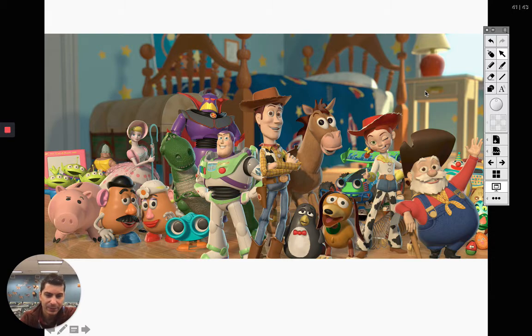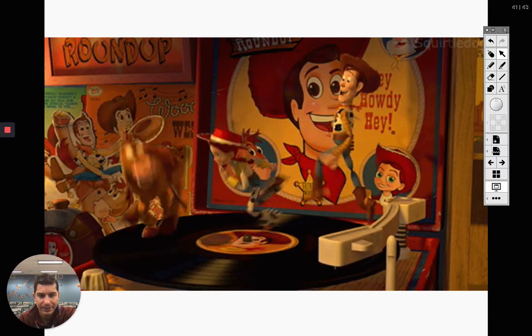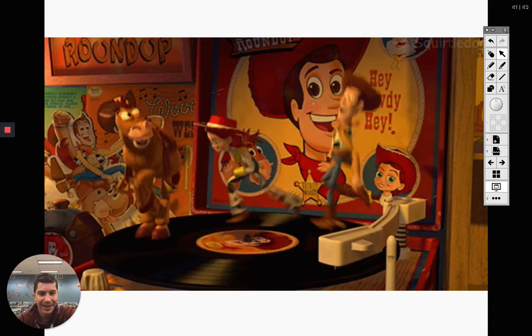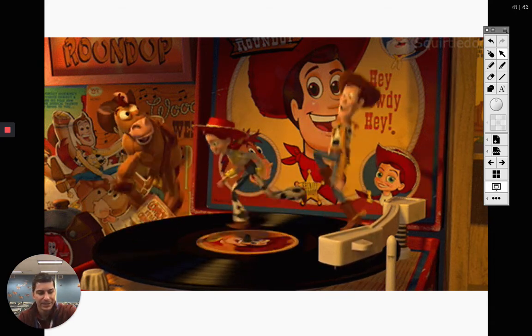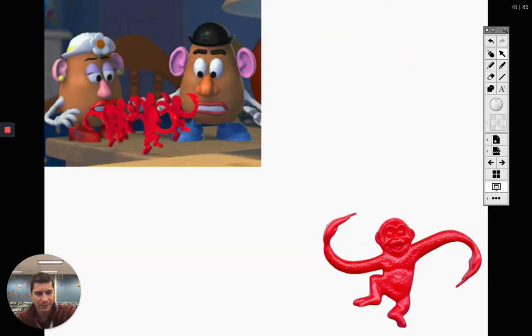Here's another way to remember it, guys. Lovely Toy Story movie here. They look like they're having so much fun. Okay, so if you guys have ever seen the different toys in Toy Story, you know they have these little monkeys that you can kind of put together.